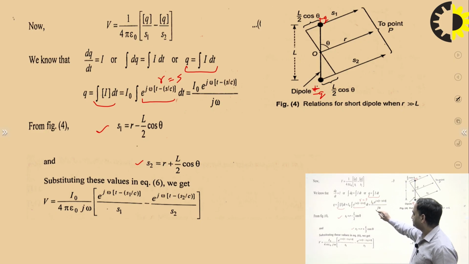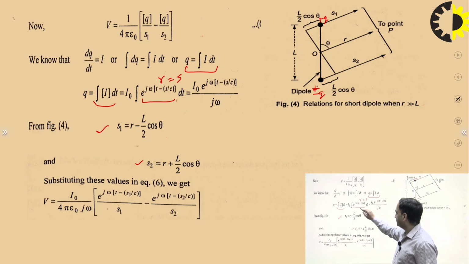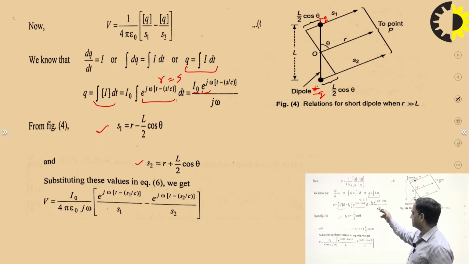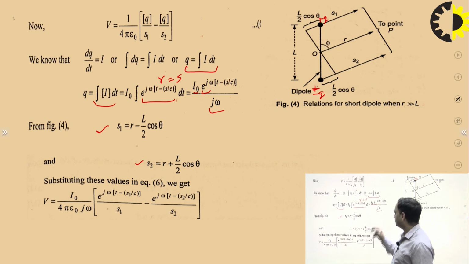In this way, when we are integrating this, I naught and e to the power j omega t minus s upon c will be outside. When we integrate, we get j omega in the denominator.